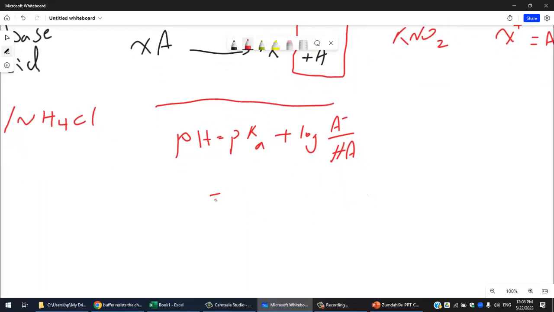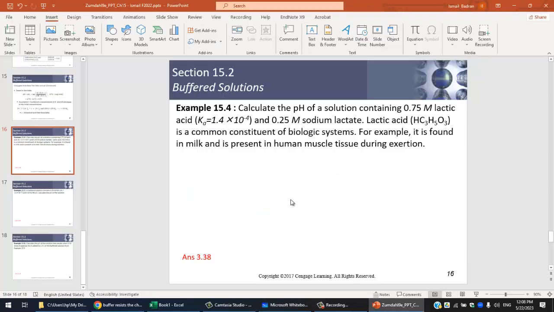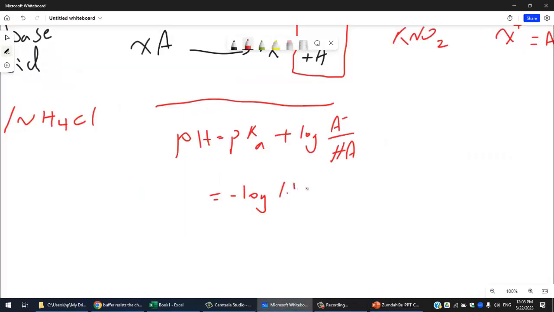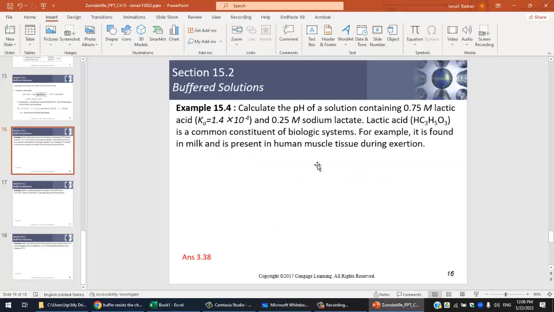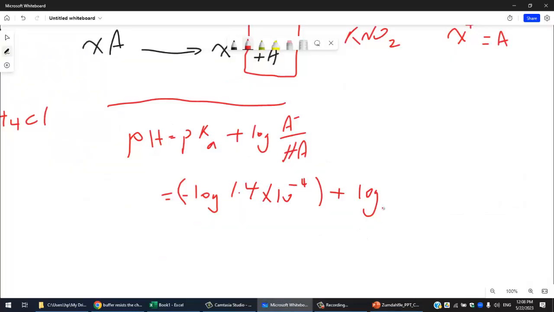And I'm gonna do that right away. So it's minus log the Ka, which has been given, 1.4 times 10 to the minus 4. So you need to do that separately, of course. Plus log A minus over HA. So the HA is the acid, 0.75 molar. So that's in the denominator here.